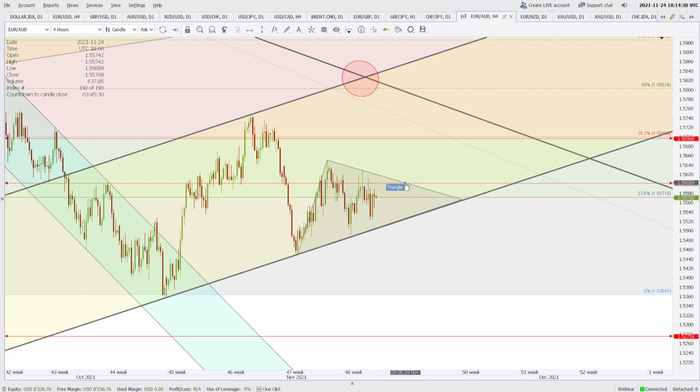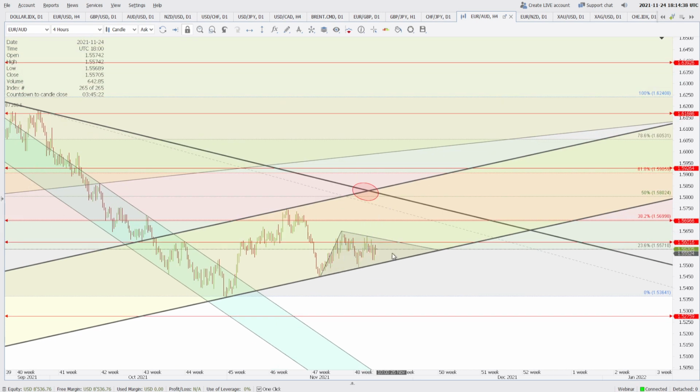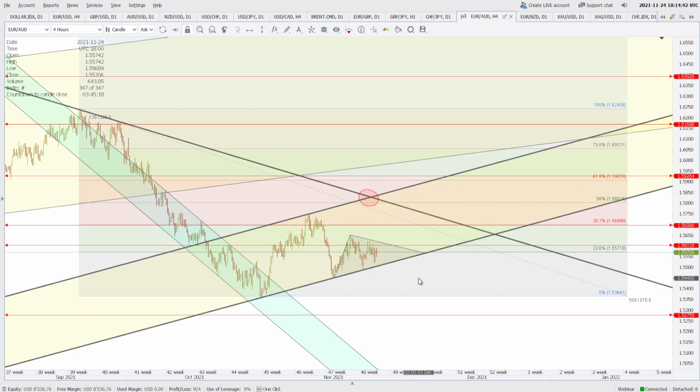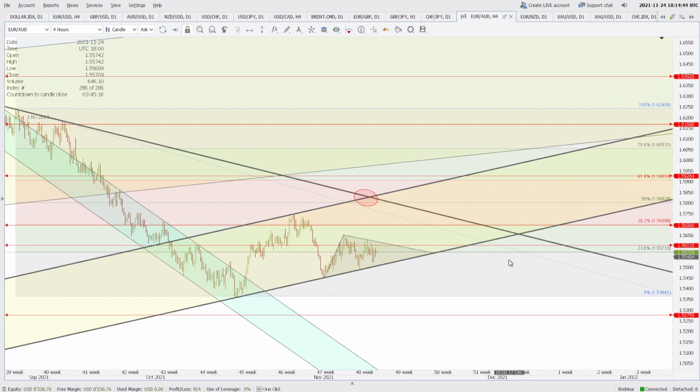So 1.5601 is the resistance now, and the support is being provided by this rising channel's support line. Till the time the price does not break to either the upside or downside, we cannot be sure where it is headed. But if you see horizontally, the resistance is at 1.5601 area, and the support is at 1.5275 area in this market.